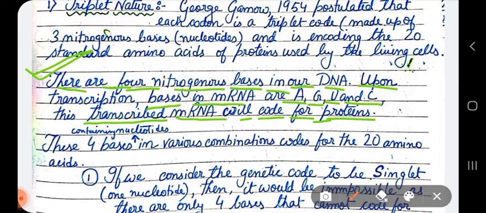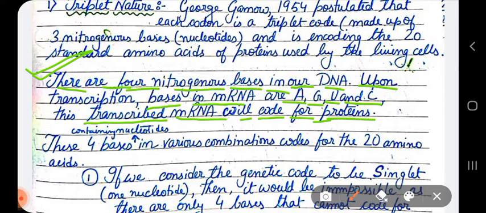So there are four types of nitrogenous bases in our DNA, and during transcription the bases in the mRNA are a little bit changed, like instead of T there will be U, and these transcribed mRNAs have codons which will code for proteins.